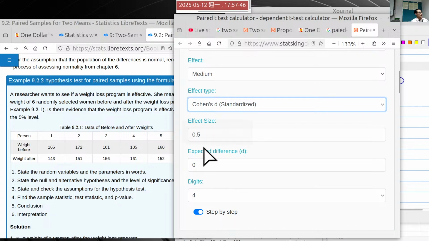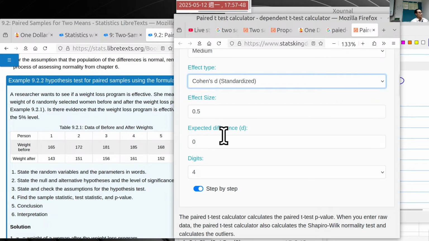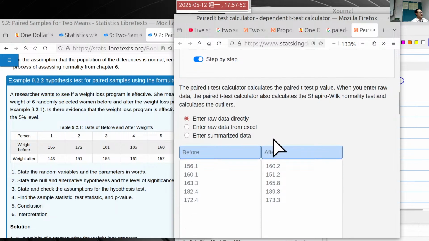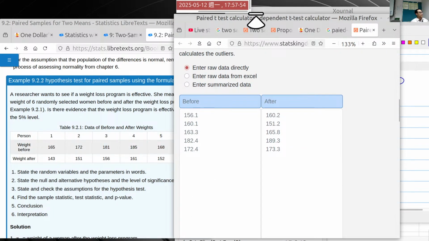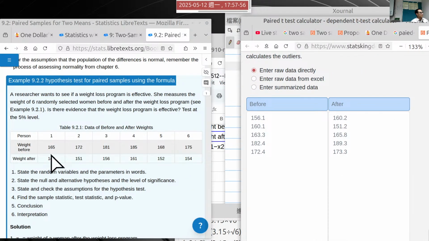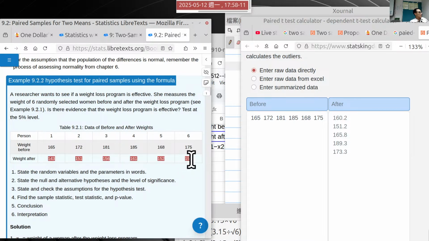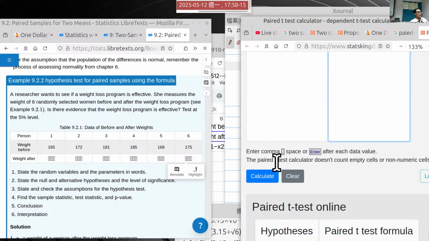Effect size 0.5. Expected differences here, digits here. Before, Control C to copy and Control V to paste.